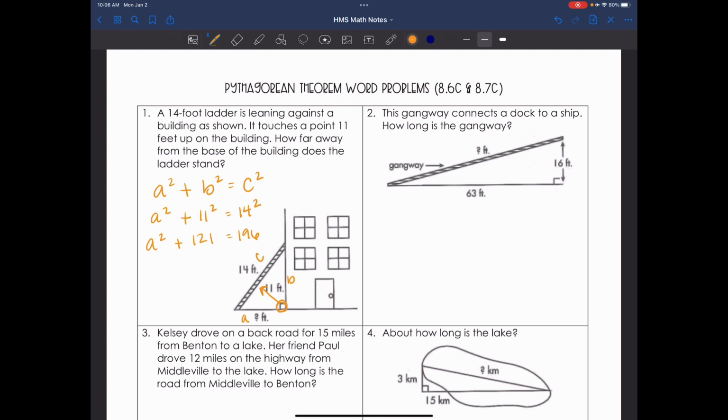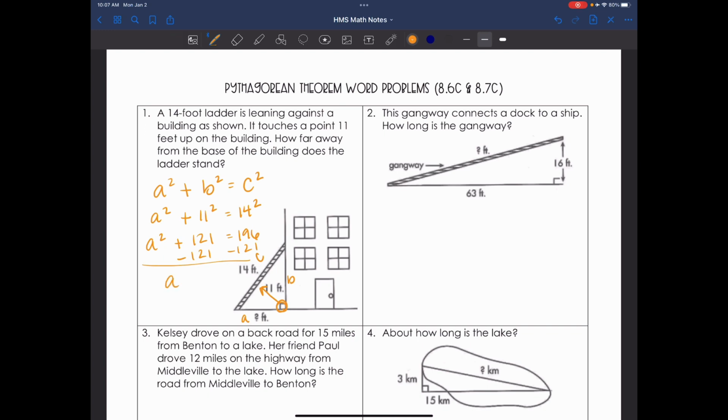Okay, since I'm looking for a leg and I'm not looking for the hypotenuse, I'm going to subtract. And this is just algebra, guys. I'm trying to isolate A squared, which means it's currently being added by 121, so I'm going to subtract 121 from both sides using inverse operations.